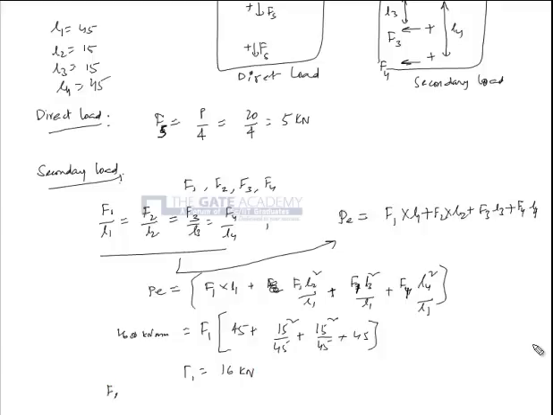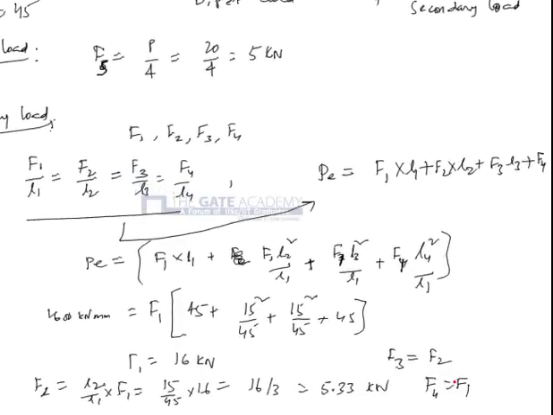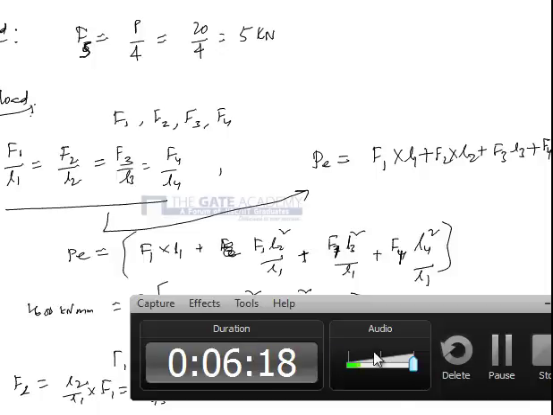Now F2 is L2 by L1 into F1, which is 15 by 45 into 16, so it's 16 by 3, or 5.333 kilonewtons. F3 is similar to F2, because L3 and L2 are the same, and F4 is equal to F1, because L1 is equal to L4.